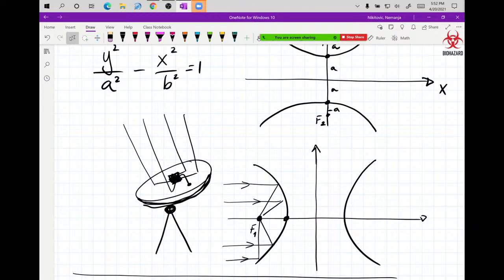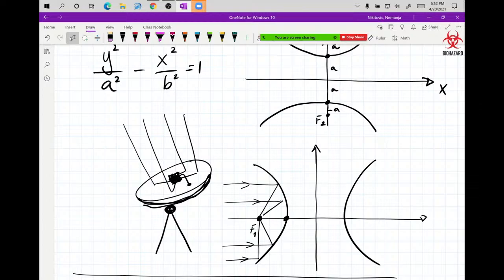Now, a satellite dish is a really good use of this hyperbola because incoming rays of whatever sort bounce off of the hyperbolic surface into the receptor, which is placed at the focal point of the ellipse.